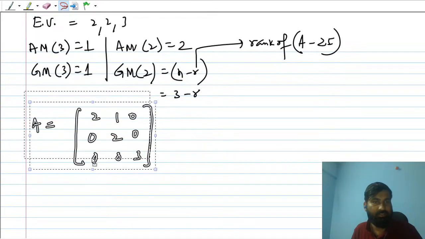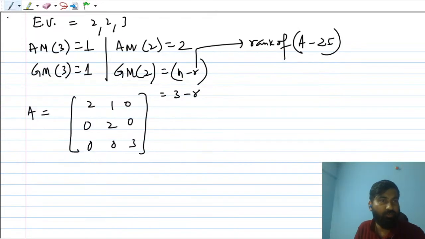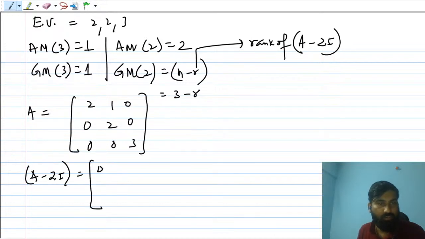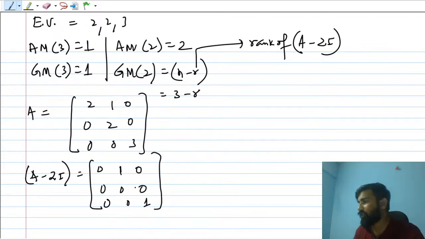Now we can evaluate A minus lambda I from here. A minus 2I will be what? Just subtract 2 from the diagonal. So it is 0, 1, 0, 0, 0, 0, 0, 0, 1. Now can somebody tell me the rank of this matrix?